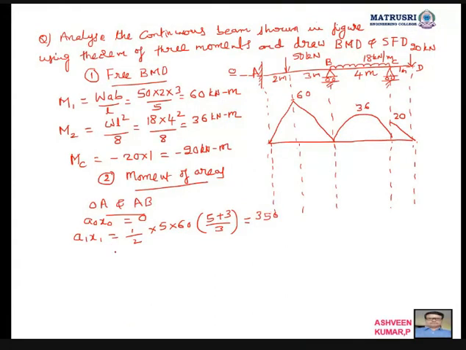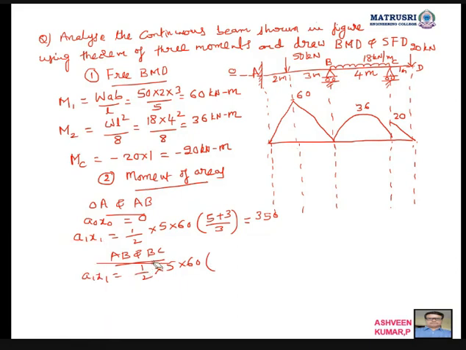Then over first span. Then we'll go to the second span. What is the second span? AB and BC. From A, you want to take it. From C, you want to take it. So I will write here A1 X1, same, half into 5 into 60. Here from where I am taking?